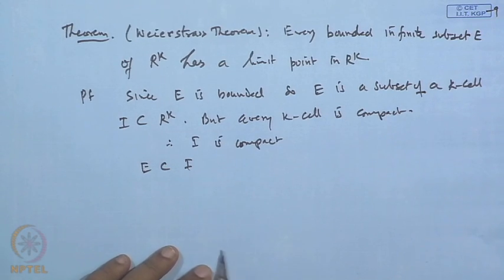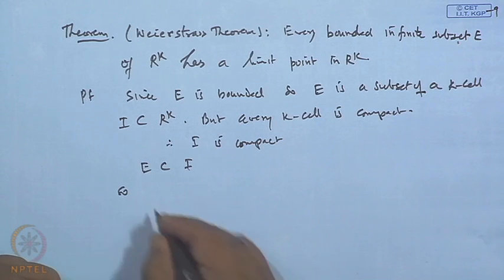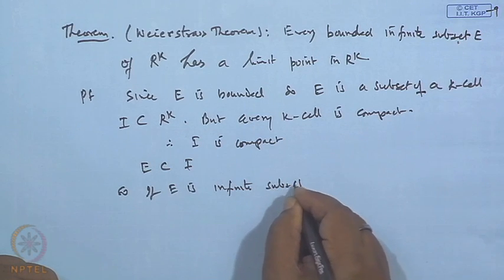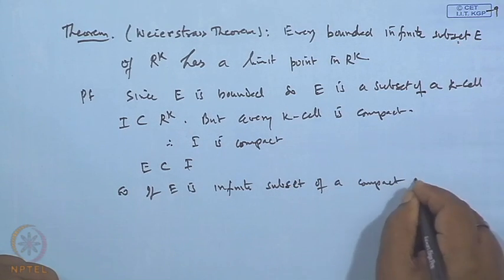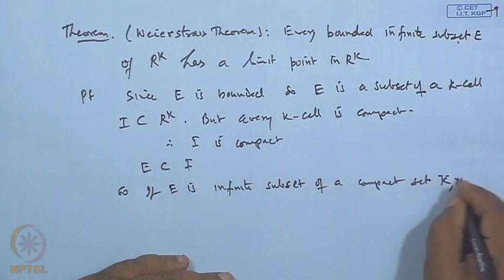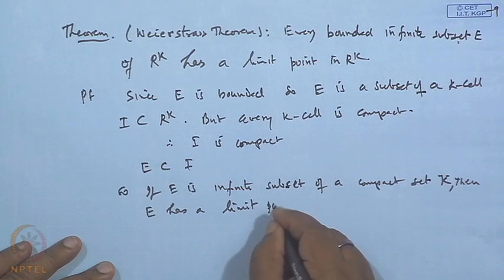And one result which we have already shown is that if E is an infinite subset of a compact set K, then E has a limit point in K.